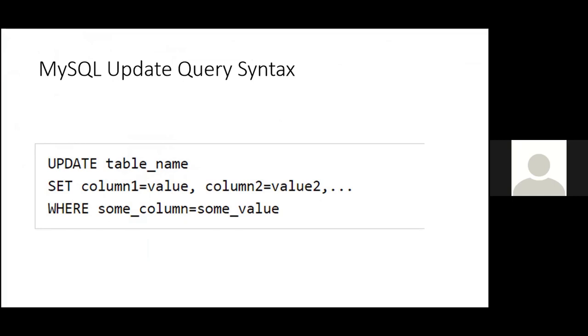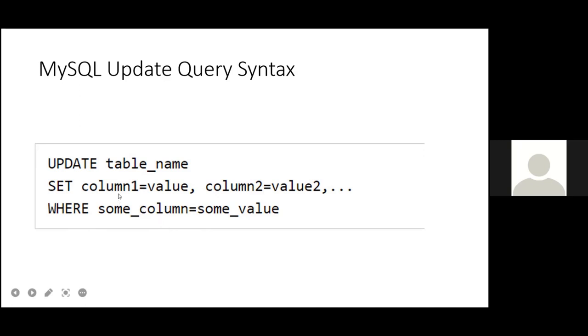So it will update with this value that you provide, and the condition. Definitely you need to provide the condition, otherwise it will update all the values under that column.